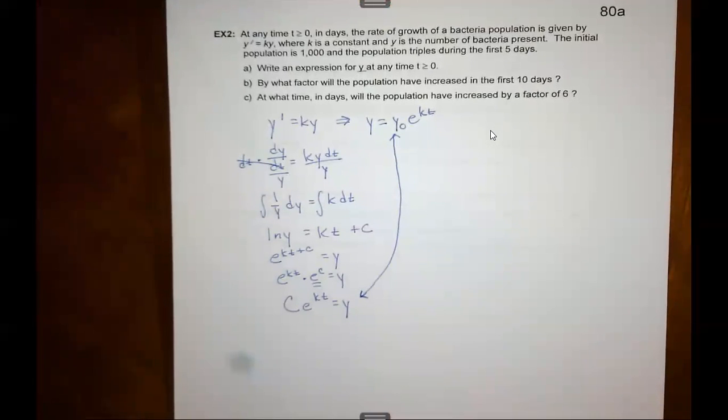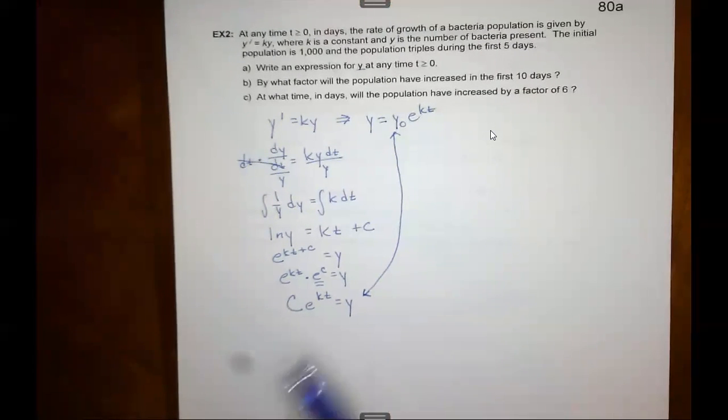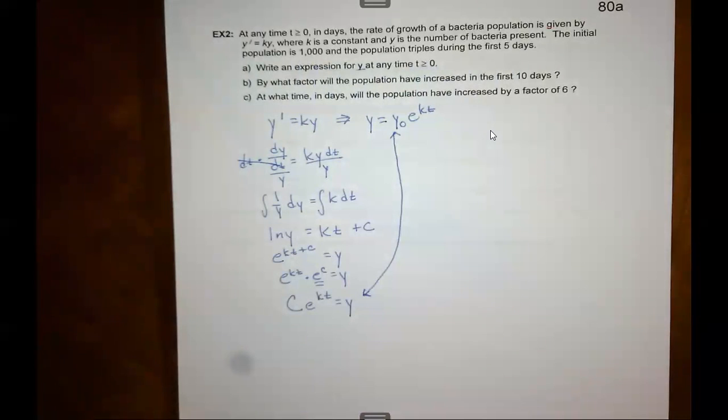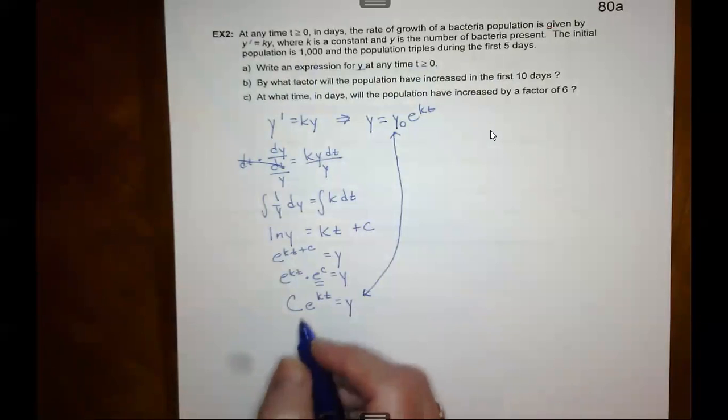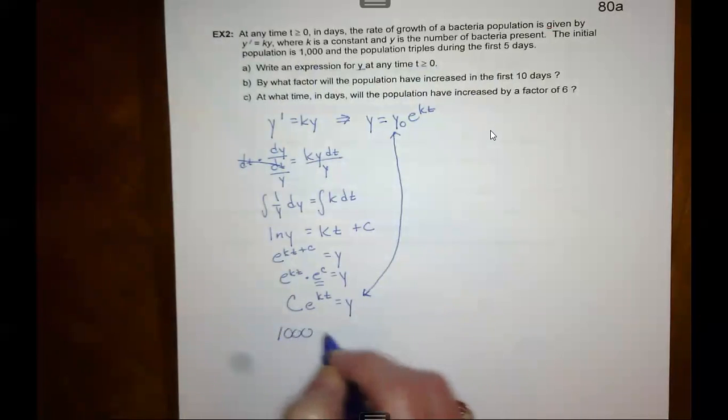Okay, so now we're going to use our information to finish out our equation so we can solve for C, our constant here in the front. It tells us that the population is 1,000 and it triples during the first 5 days. So we start off with 1,000, that's our initial amount.